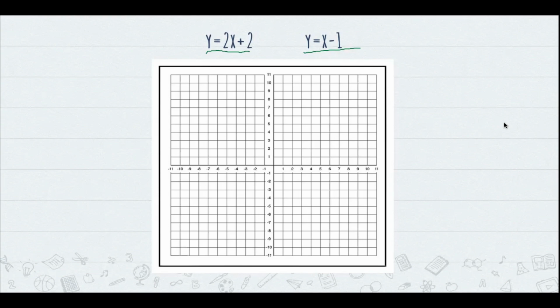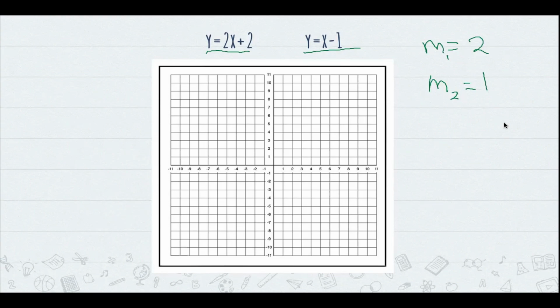For our first equation, we have our slope as 2. And then our second equation, our slope is 1, because in front of the x is usually just a 1.